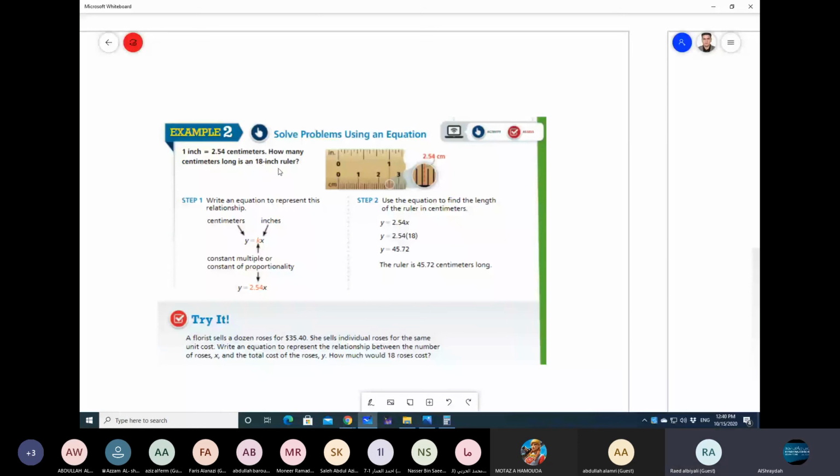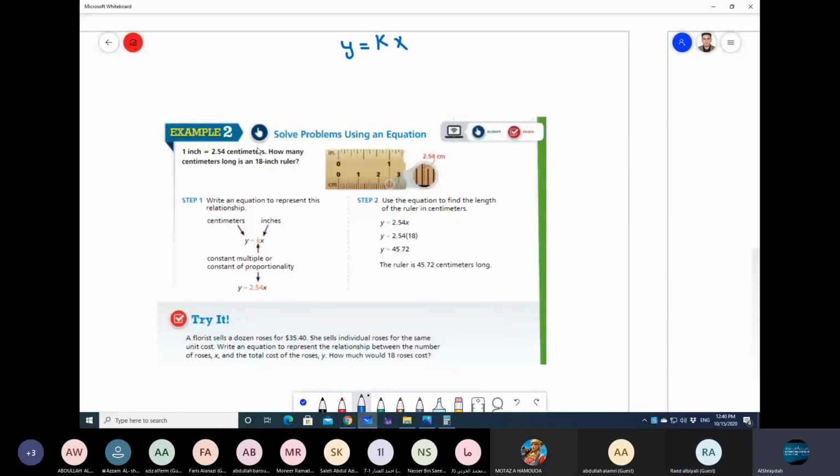Okay. Here, write an equation that represents this situation. Again, as I told you, the equation that represents the proportional relationship is given by y equals kx. What's the value of k?